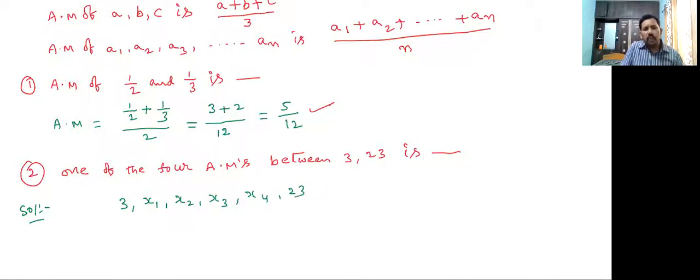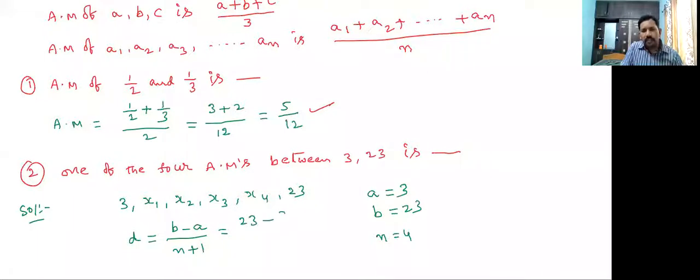Observe that the a value is 3 and the b value is 23. What is the n value? N is 4. So we inserted 4 arithmetic means between 3 and 23. Now we need to find d first. What is the d formula? (b minus a) divided by (n plus 1). 23 minus 3 divided by 4 plus 1, that is 5. 23 minus 3 is 20, 20 by 5 is 4.